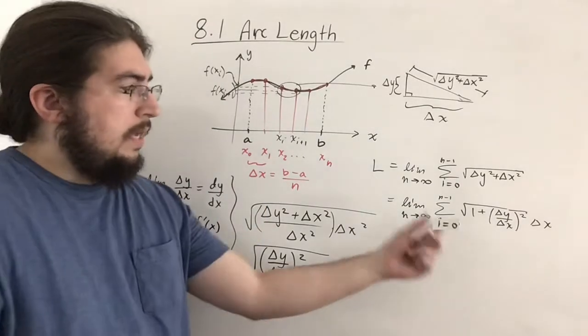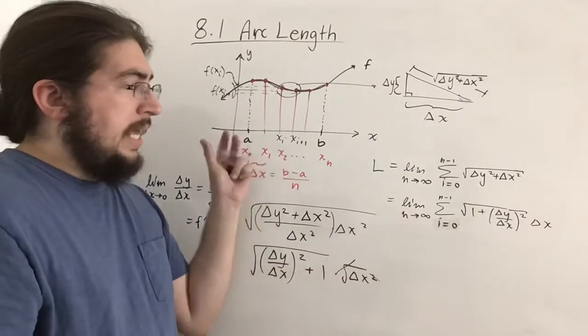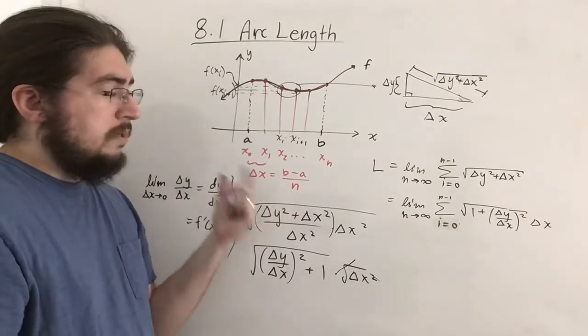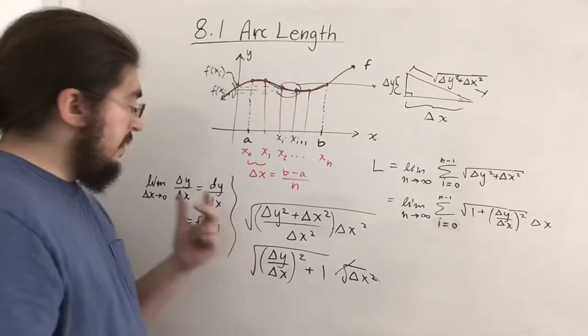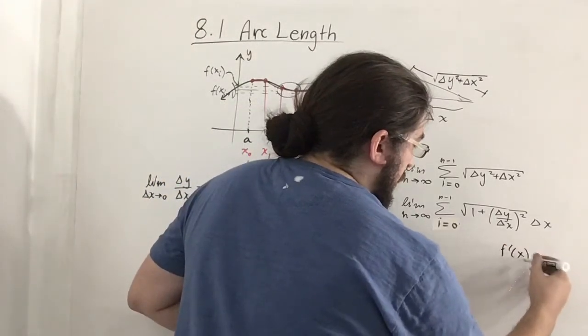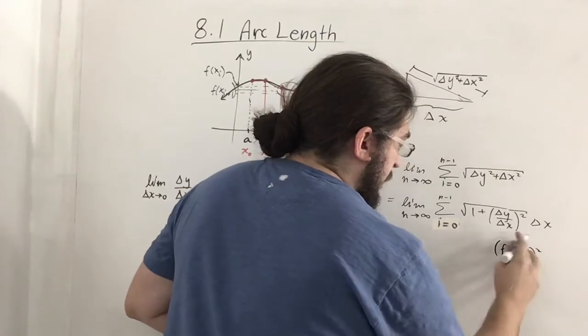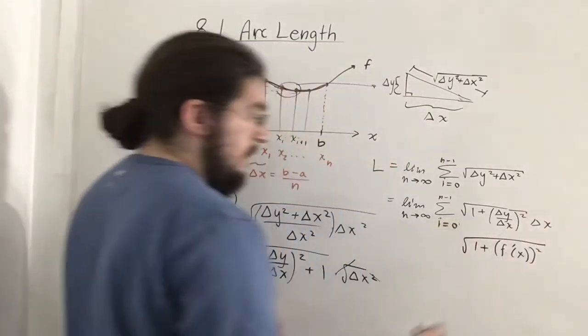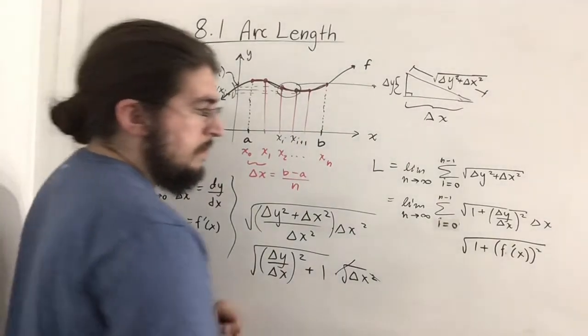So in the limit, as n goes to infinity, delta x will go to 0 because the denominator is going towards infinity. So in fact, this will indeed be the case, and we'll get f prime of x, quantity squared, a 1 plus in front of it, all under the radical.